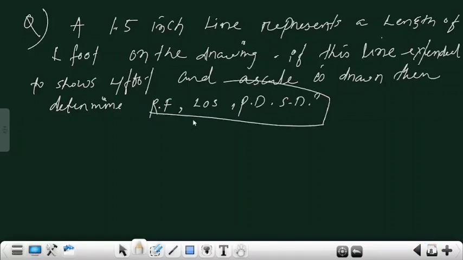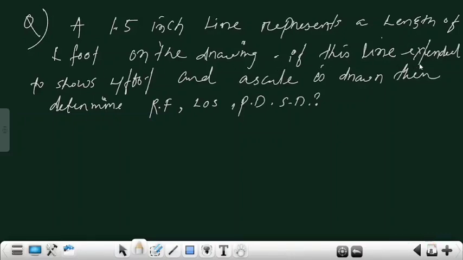So our drawing object is given. Read the question first. A 1.5 inch line represents the length of 1 foot on the drawing.